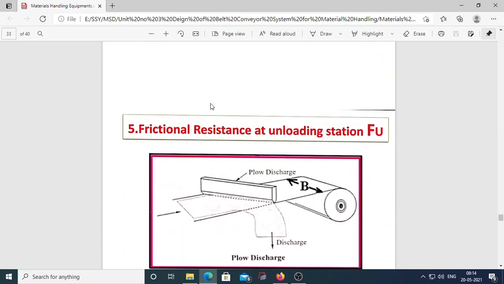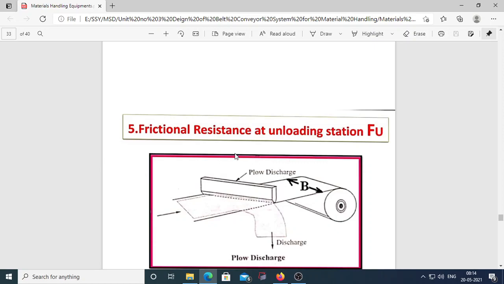Then there is the frictional resistance at the unloading station. There are two stations, unloading station and loading station. Frictional resistance at the unloading station is denoted by Fu, the frictional resistance due to unloading by plow.